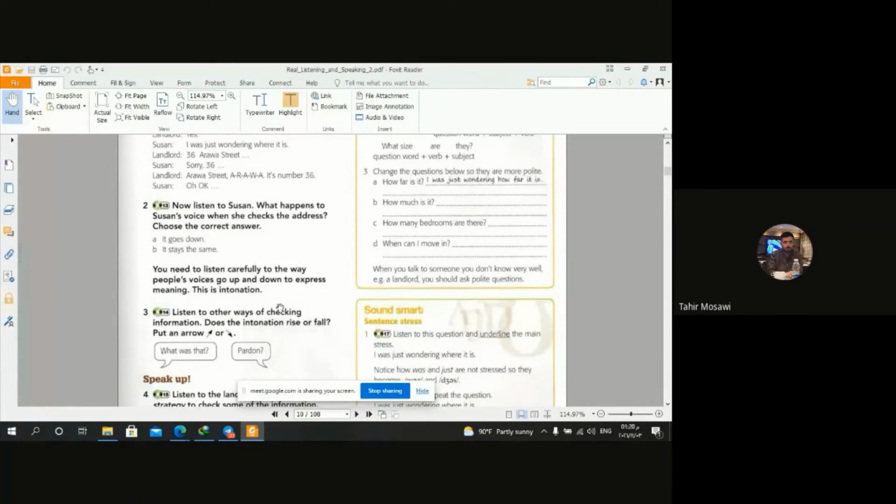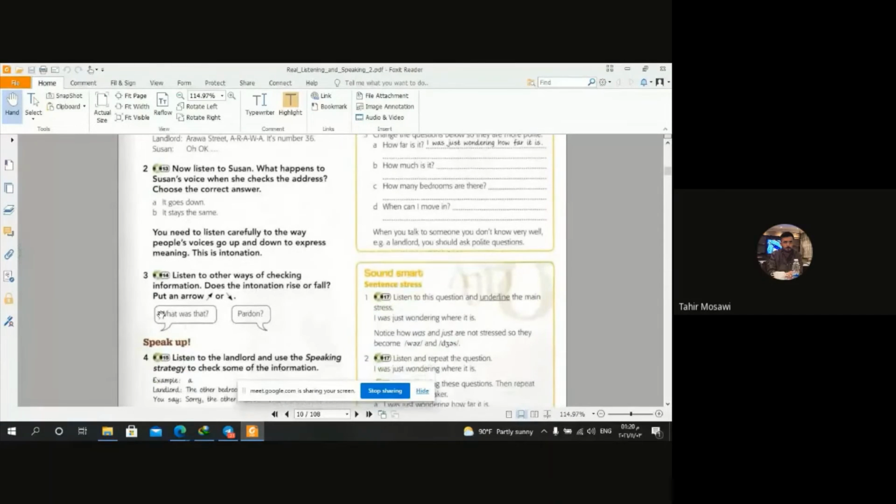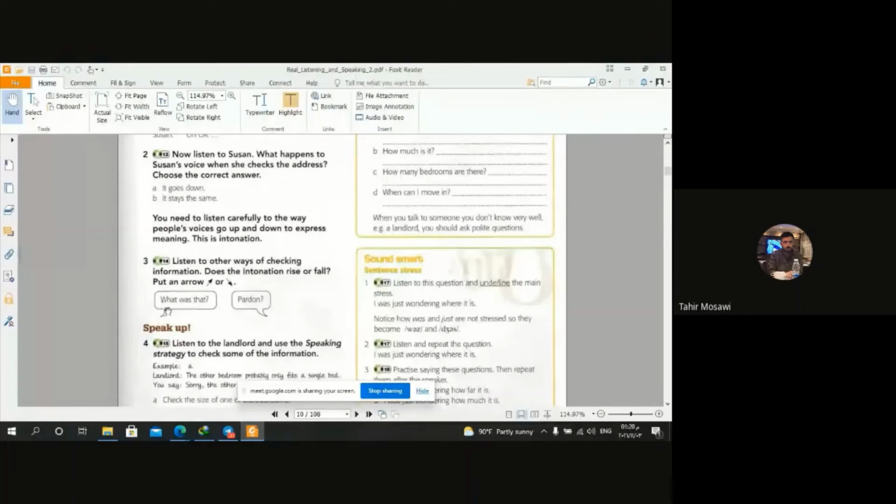This is intonation. هاي الارتفاعات والانخفاضات بالصوت اللي ممكن تغير معنى الكلام اللي يتكلم به الشخص يتسمى intonation. هاي ال voices going up and down to express meaning. هذا تعريف intonation ممكن يكون. هنا أيضا يعرفنا على يسمعنا ب what was that و pardon. ممكن نستمع لهن ونشوف هنا اكو ارتفاع بالصوت واكو هنا انخفاض بالصوت.